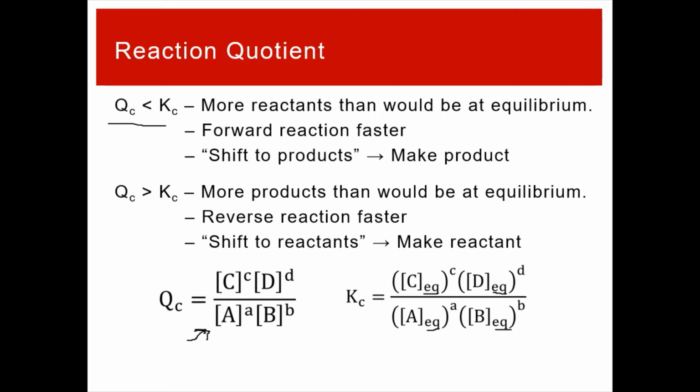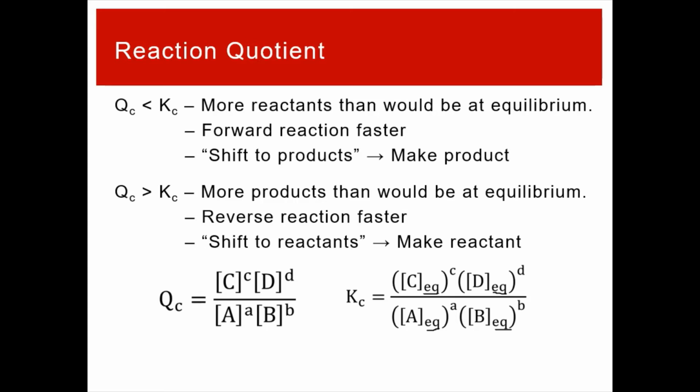We would expect to see a shift to products, because that would be increasing the top of the fraction, right? So the concentration of products will increase and the concentration of reactants will decrease as this system evolves to reaching equilibrium.